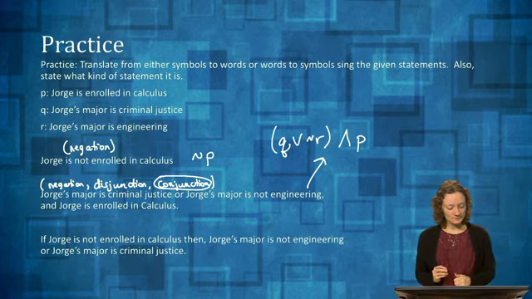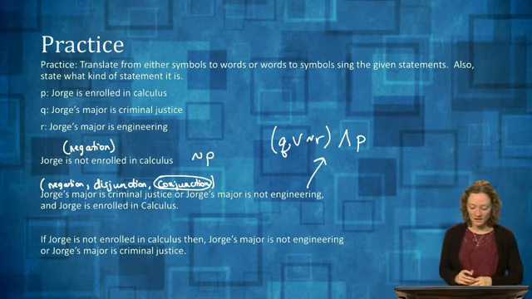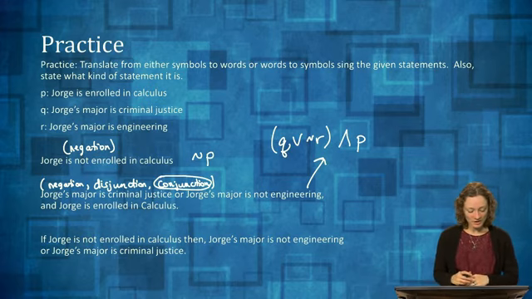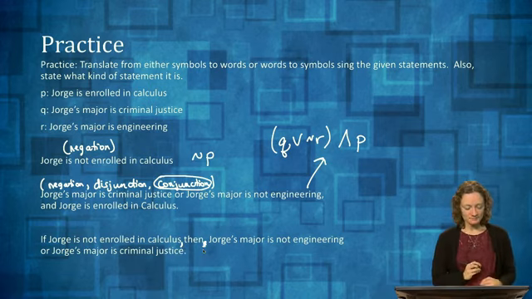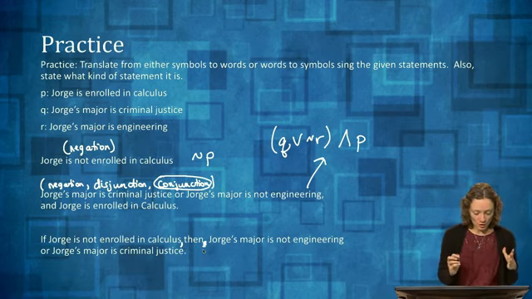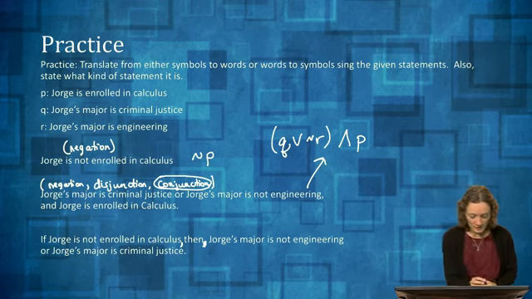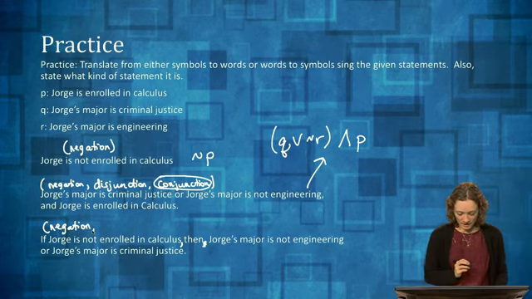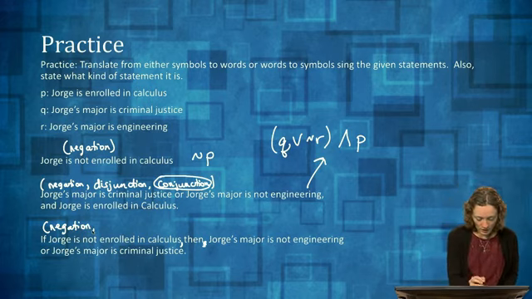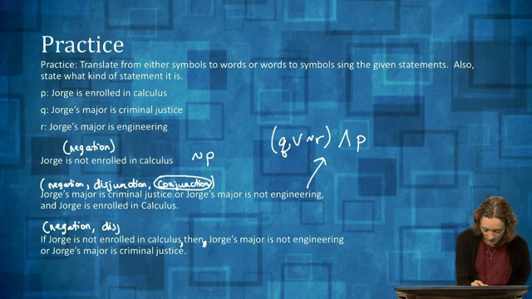And the last one, if George is not enrolled in calculus, then George's major is not engineering or George's major is criminal justice. Forgive my missed comma placement. Okay, so we see a negation. There's not enrolled in calculus. That's the opposite of our initial idea. I see an or, so a disjunction.